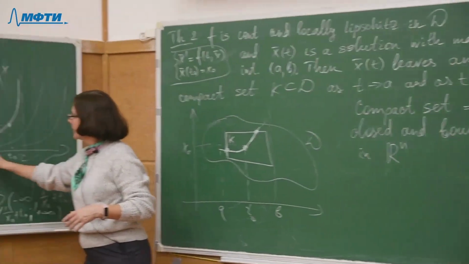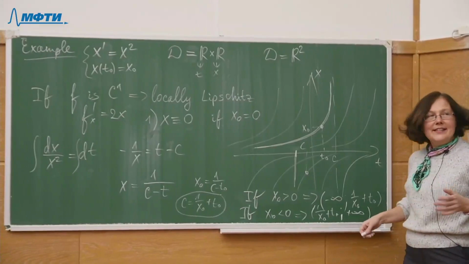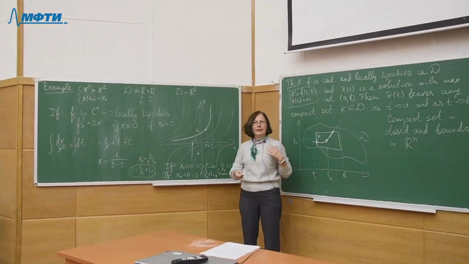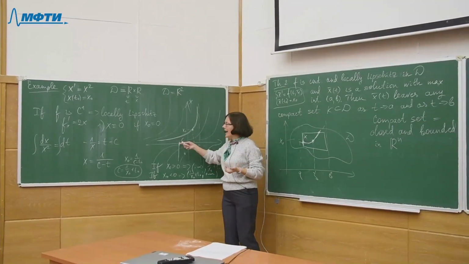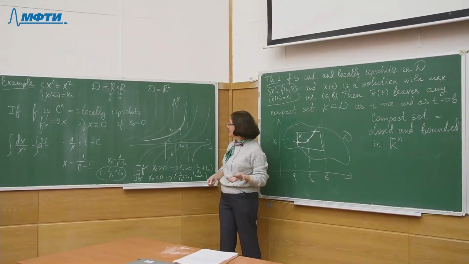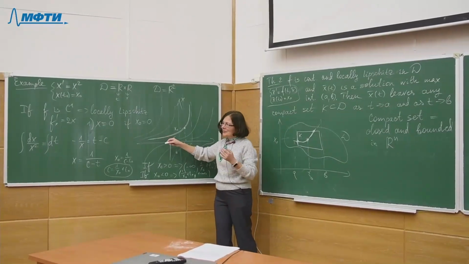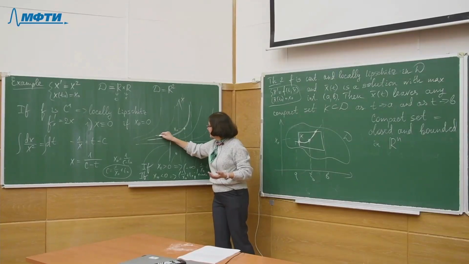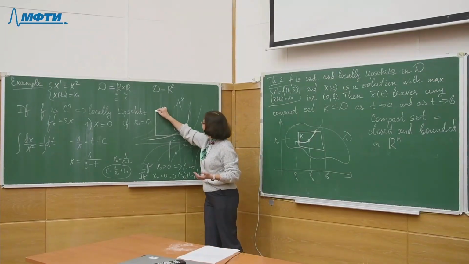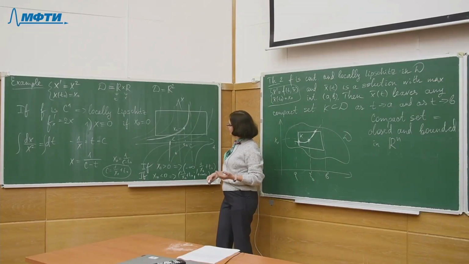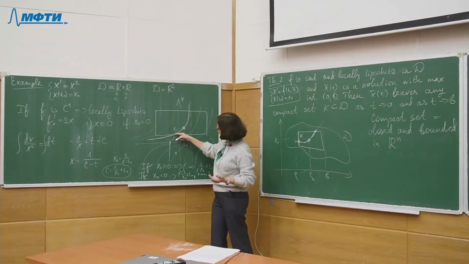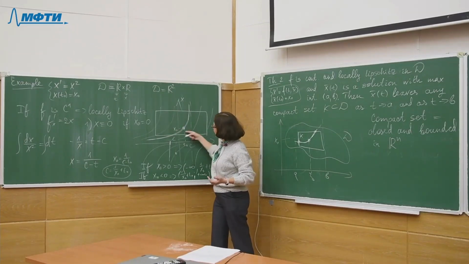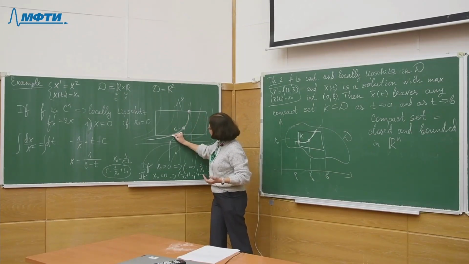Let's apply this theorem to our example. In our example, let's consider any compact set you want. It must be closed and bounded. It may be a rectangle, for example this one. And you can see that our trajectory, our solution, leaves this set at this point and then this point.